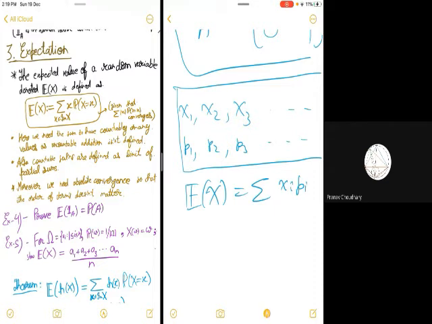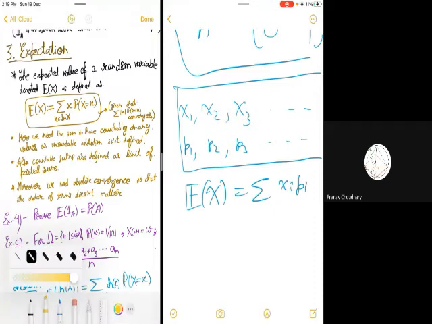And more formally, it is this. The expectation of X is the sum over x times the probability mass function of X evaluated at small x, where this sum is over all x belonging to the image of the random variable X. Do you see why these two definitions are the same?